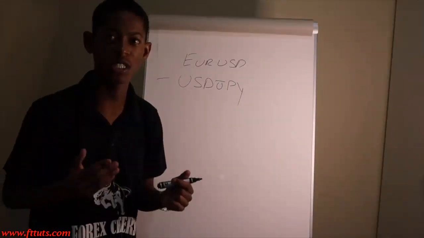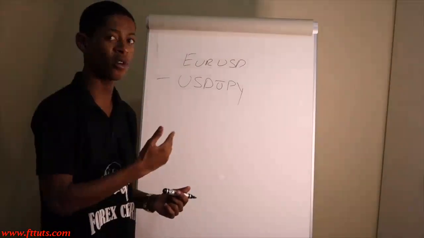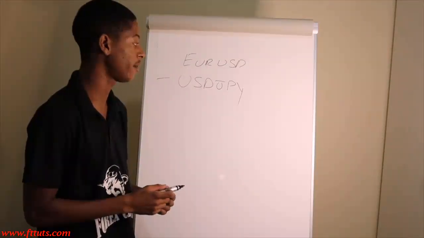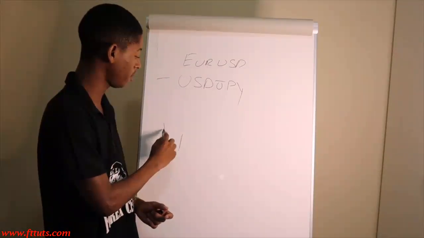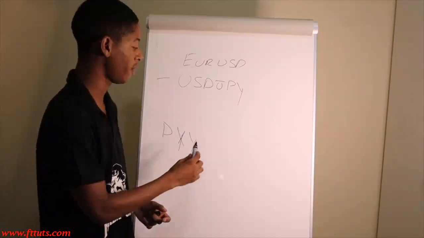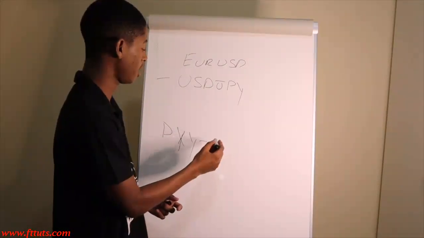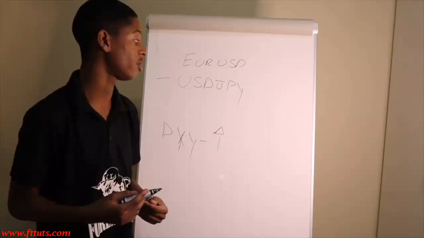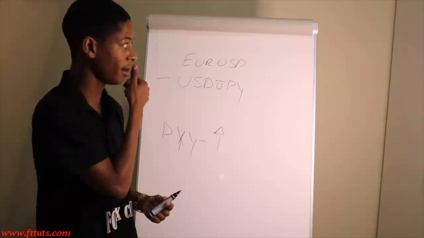You need to be able to see how USD is affected within the markets. Let's say you're looking at the DXY. Let me just write here, DXY, okay, this is not too neat though. The DXY literally represents the dollar. Find out that the DXY is going to the upside.